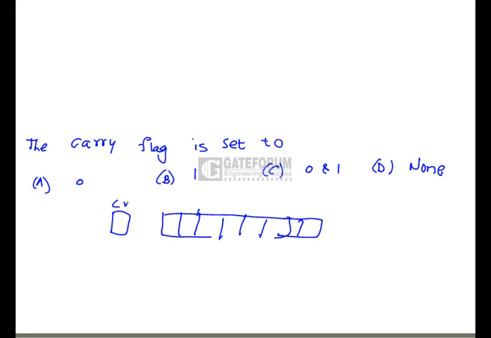This is the carry flag. This is the D7 bit, D0 bit. The RLC instruction keeps D7 in carry. Before performing RLC, the accumulator contains 00H, so 0 is going to be pushed into the carry. After execution also, the carry flag is not going to be affected by the return instruction. So option A is correct.